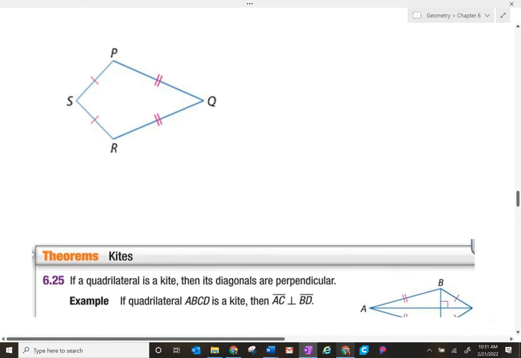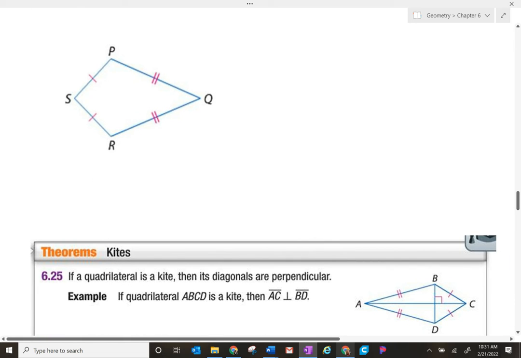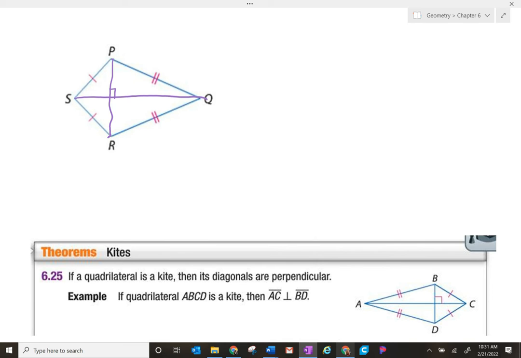Along with that, again, don't worry about the theorems that go into it. But the lines that bisect it, they are going to have 90-degree corners where both of those come together. So it's going to be perpendicular where those 2 lines come together in a kite.